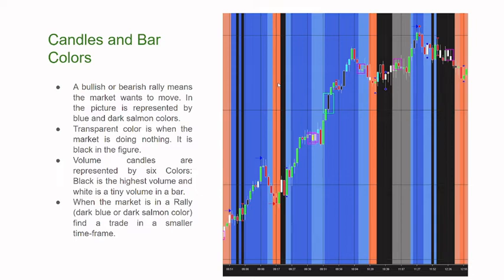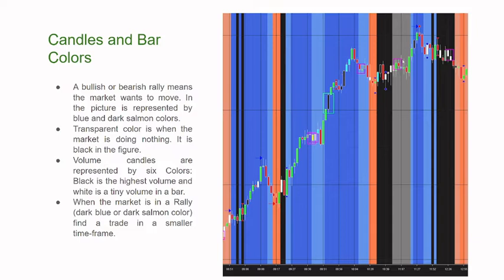What are they? These colors mean that the market is trending, and usually what I use is that I trade the 10 or 15 minute chart, and I see when these charts are in a trend.